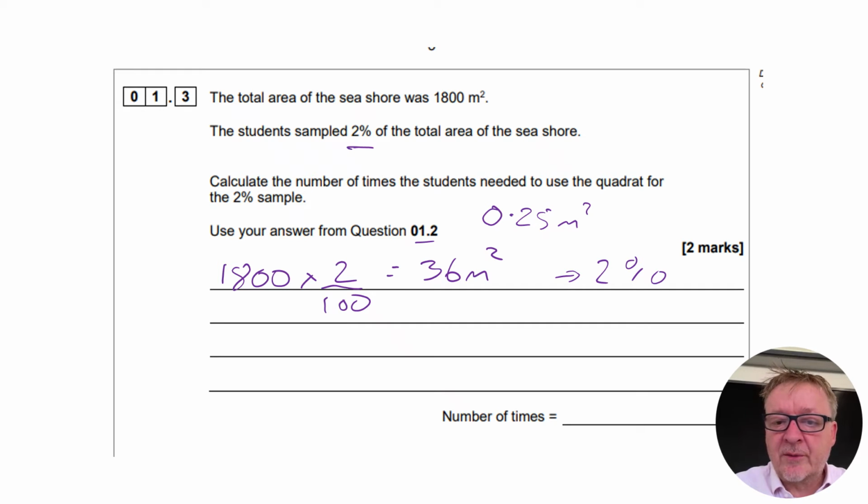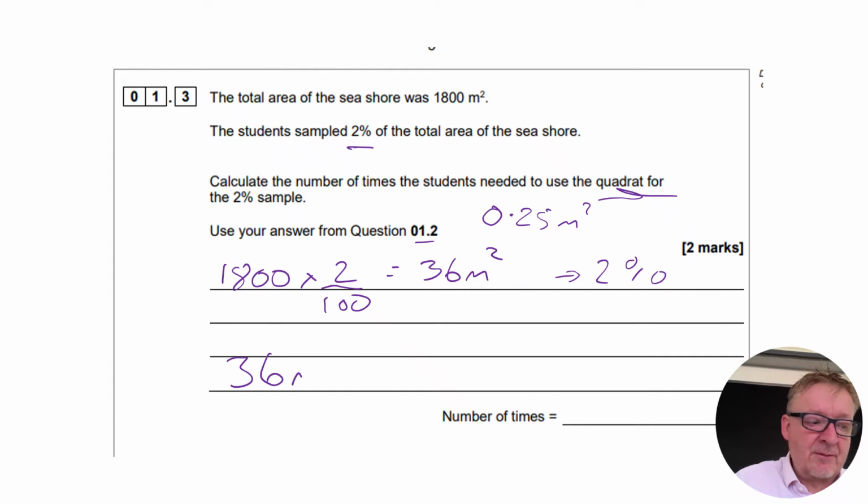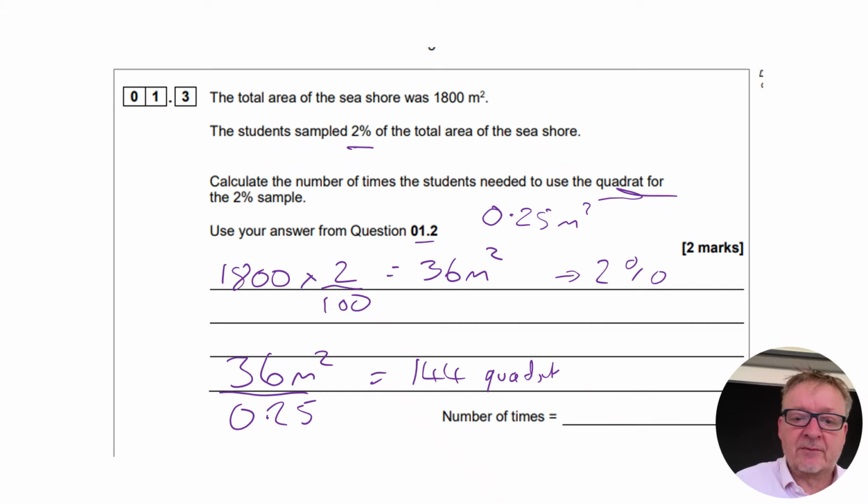Now if we've got 36 meters squared, how many times do we use the quadrat? We divide 36 by 0.25, which gives us 144 quadrats.